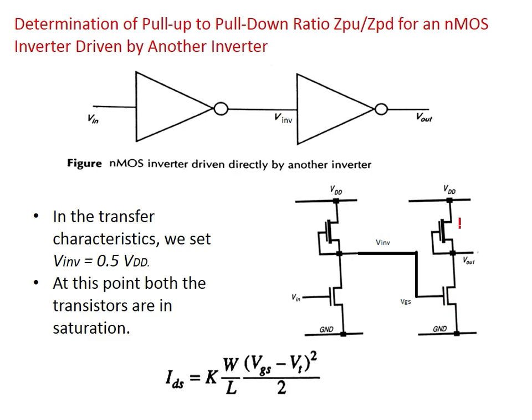In that case, the maximum amount of current flows through these transistors and the current remains the same. Why? Because these two transistors are in series. That's why the current remains the same. Now you have to write down the current equations for this depletion mode and enhancement mode MOSFETs, and since the current remains the same, you equate those two expressions and derive the pull-up to pull-down ratio. That is the procedure.